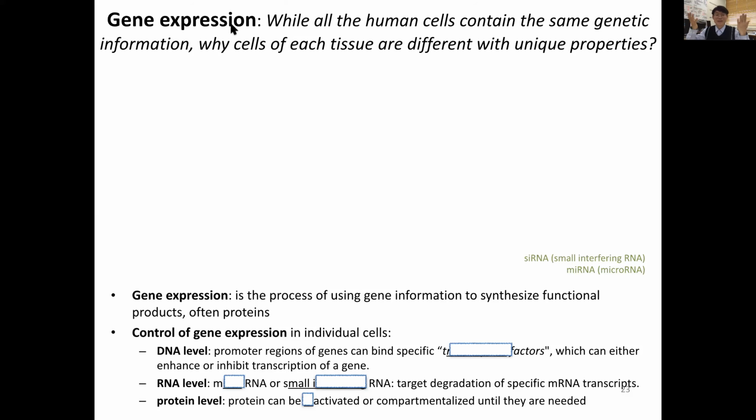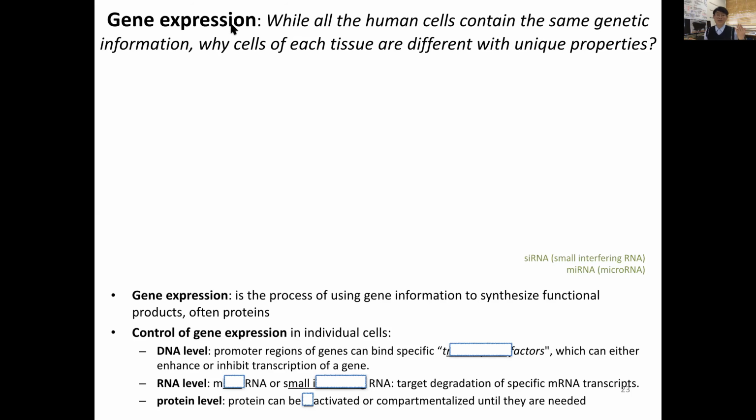All the cells in our body contain the same DNA information. However, each of the body cells, such as skin, liver, and lungs, all look different and function differently. So where does the difference come from?